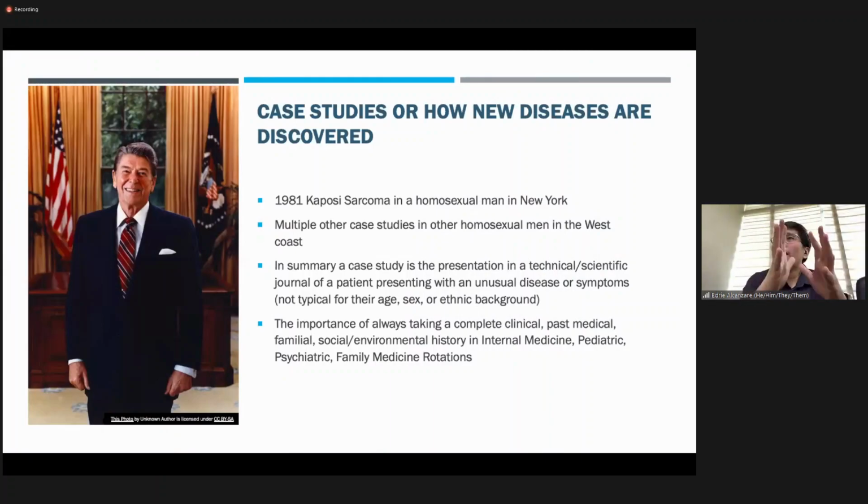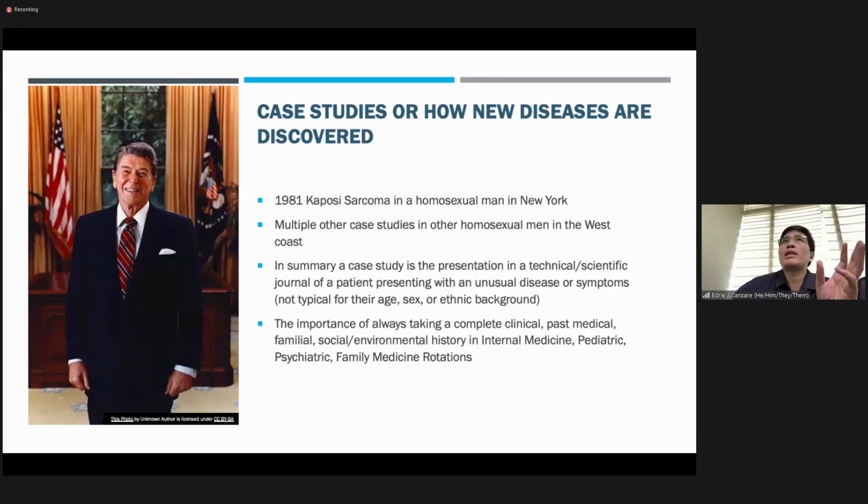So we begin with the most basic of our descriptive studies, the case study, or how we discover new diseases. So back during the 1980s, during the administration of Ronald Reagan, medical doctors were starting to note the appearance of Kaposi sarcoma in homosexual males in the east and west coast of the United States.